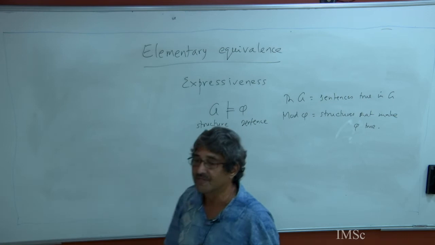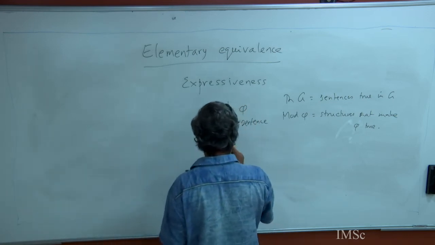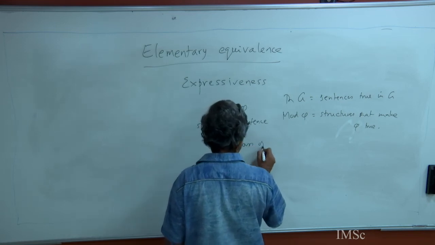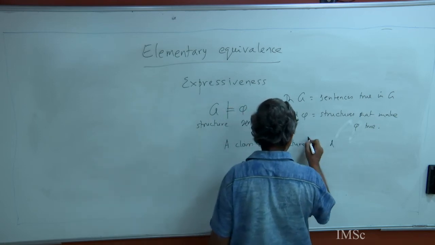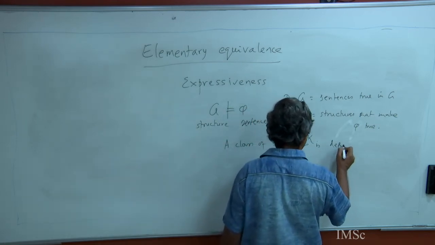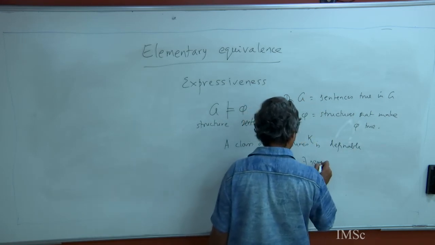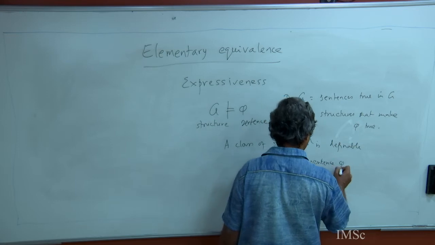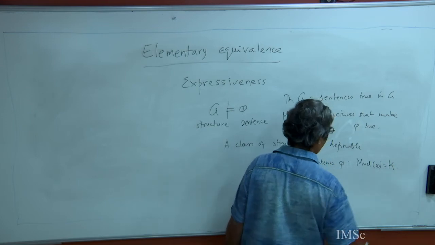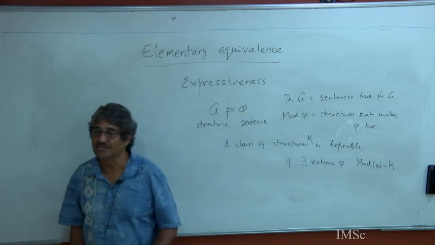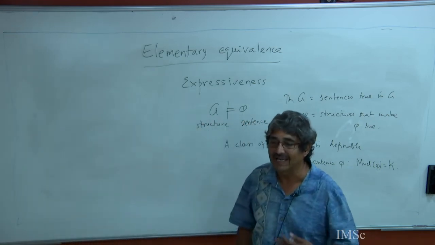So we already have this notion, and we say that a class of structures K is definable if there exists a sentence phi. So this is the notion of definability, and then there is also this notion of definability in a structure.